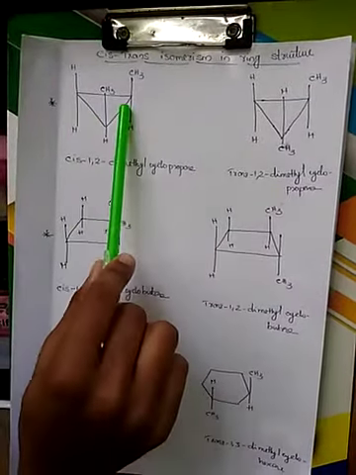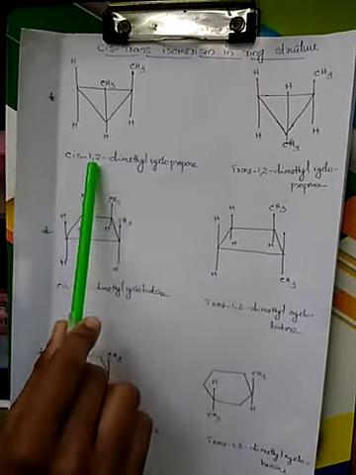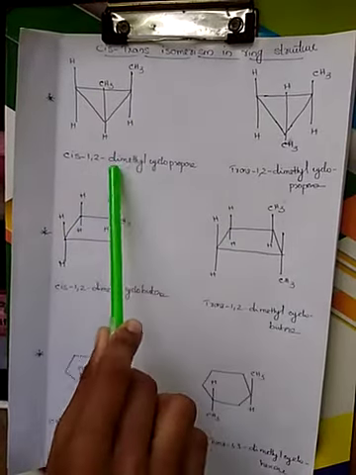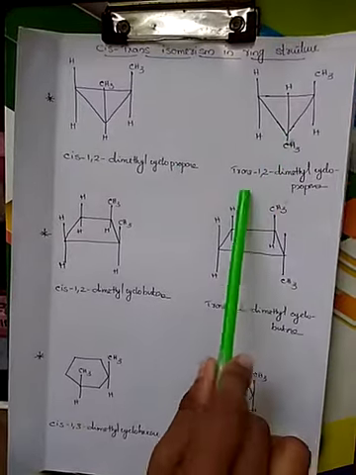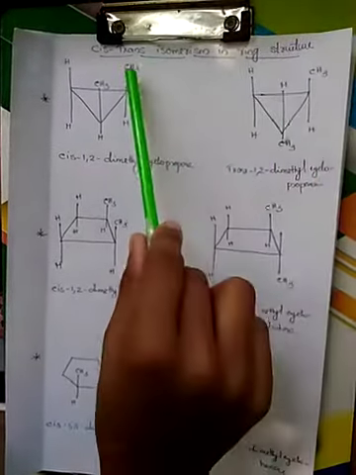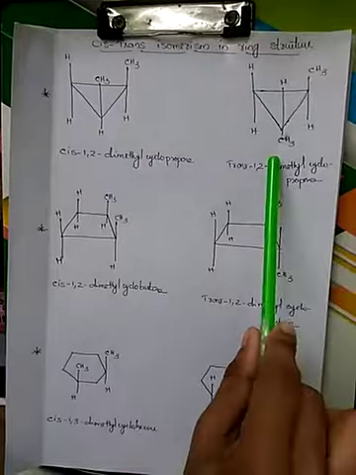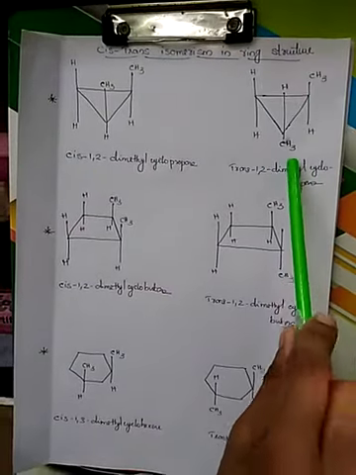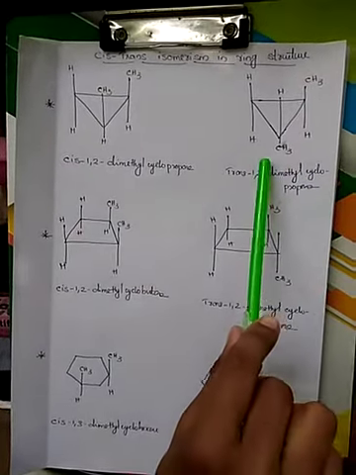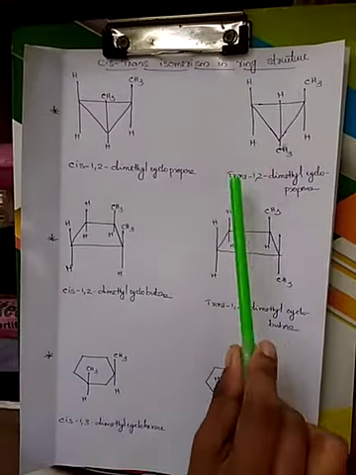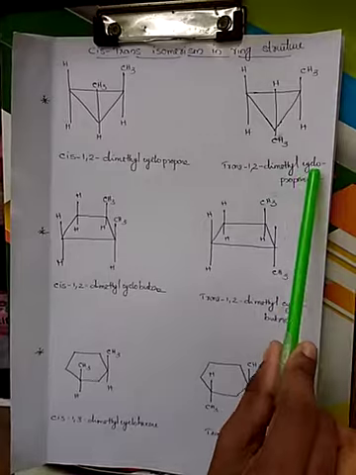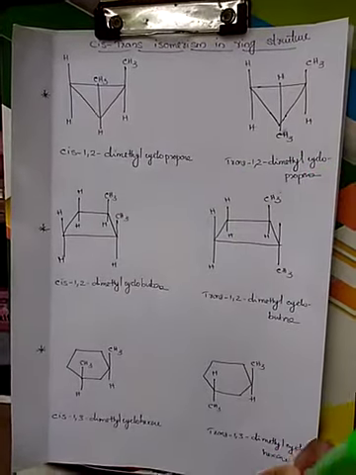That's why this isomer is known as cis-1,2-dimethylcyclopropane. In the case of trans, you look at the change in the position of the CH3 groups. Both are on opposite sides, so it is known as the trans isomer. That is, trans-1,2-dimethylcyclopropane.